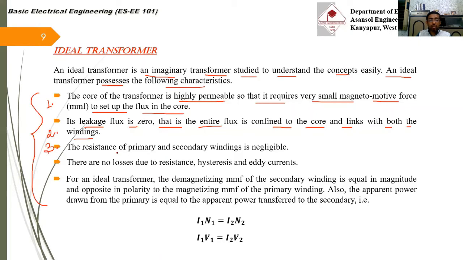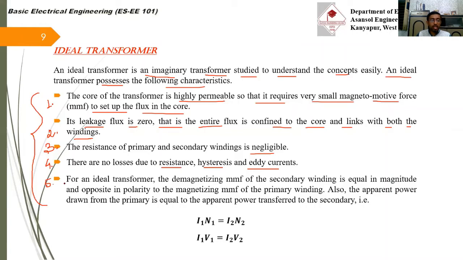The resistance of the primary and secondary winding is negligible. But this doesn't happen for a practical type of transformer. We have to consider the resistance and inductance of the wires of the wound coil, right? Now, the fourth assumption is there are no losses due to resistance, hysteresis and eddy current, as I said earlier.